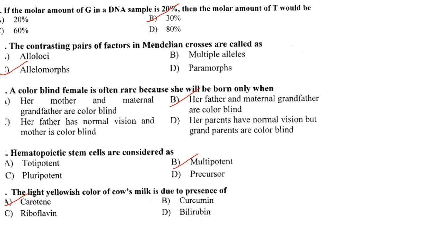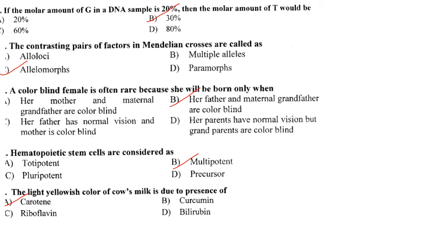Since a boy carries only one copy of the X chromosome, the disorder is common in boys as only a single defective gene is sufficient to cause color blindness. However, a colorblind girl is rare as she needs two copies of the defective gene to be colorblind. If her father has normal vision, she will never show the disorder. Hence, out of the given options, option B is correct.